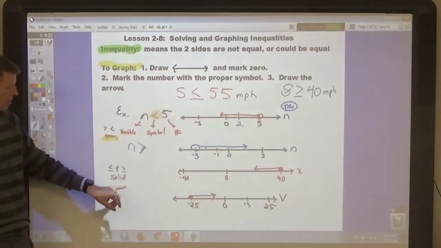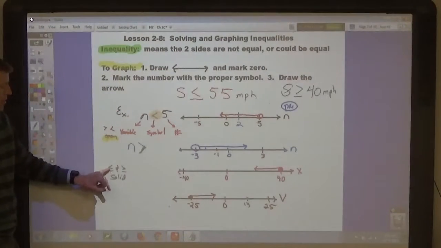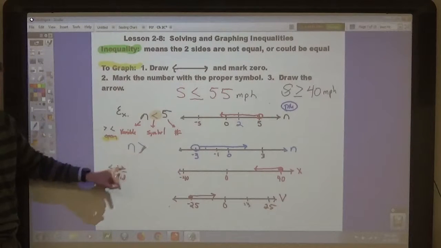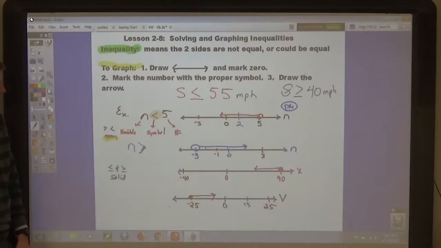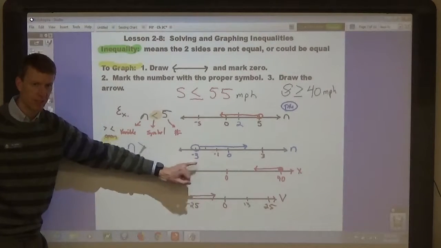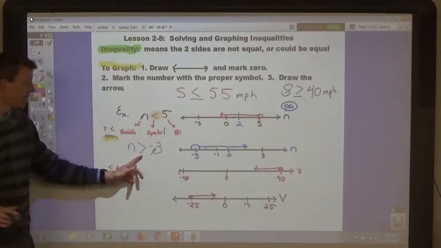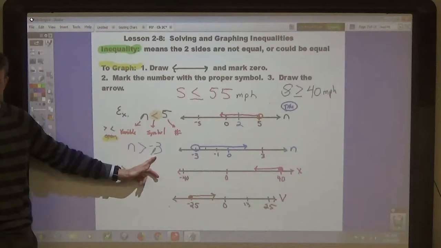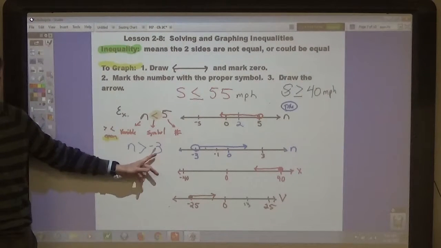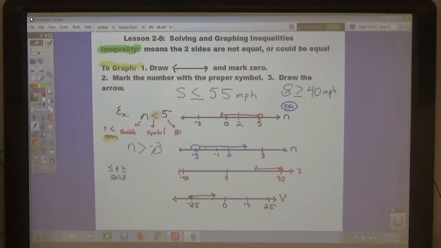In the next example, it has a solid dot, and that's when you use the greater than or equal to or less than or equal to sign. Then, the last thing to do is write the number that's marked. So, this graph shows that n is greater than -3. Does everybody see that? This shows n is greater than -3.